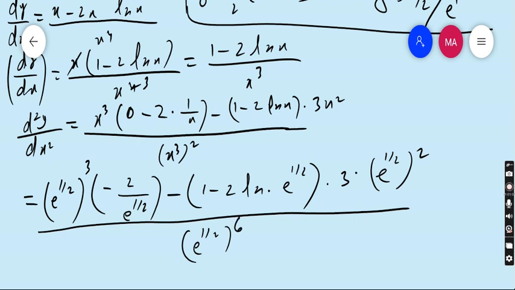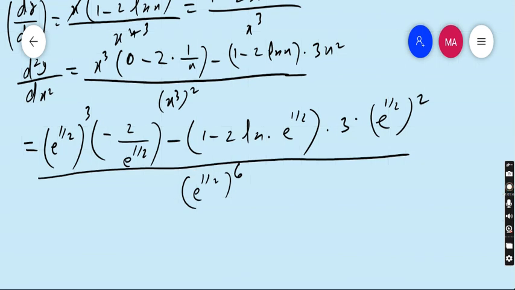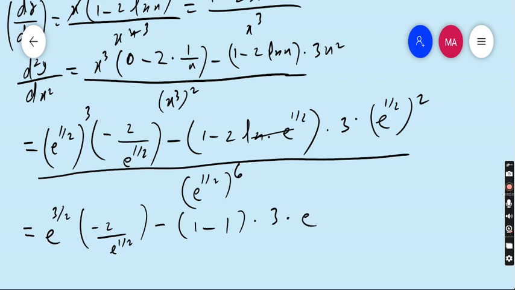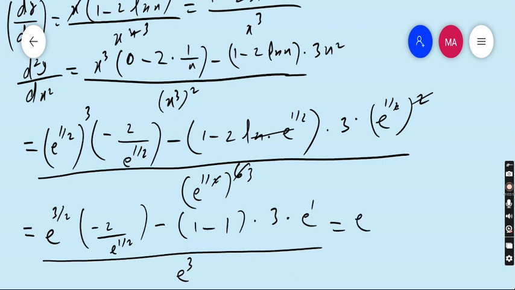Next step, e power half into 3 is 3 upon 2, minus 2 upon e half, minus 1 minus ln and e cancel, 2 into half is 1, dot 3, 2 cancel by 2, e1, upon 2 3 is 6, e cube is equals to e power 3 upon 2.